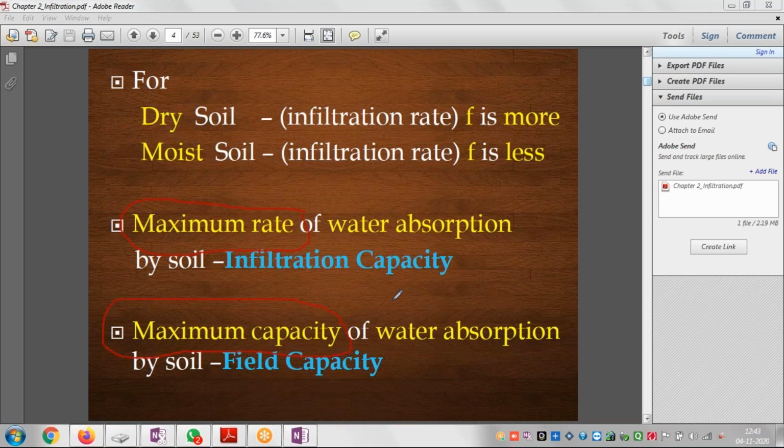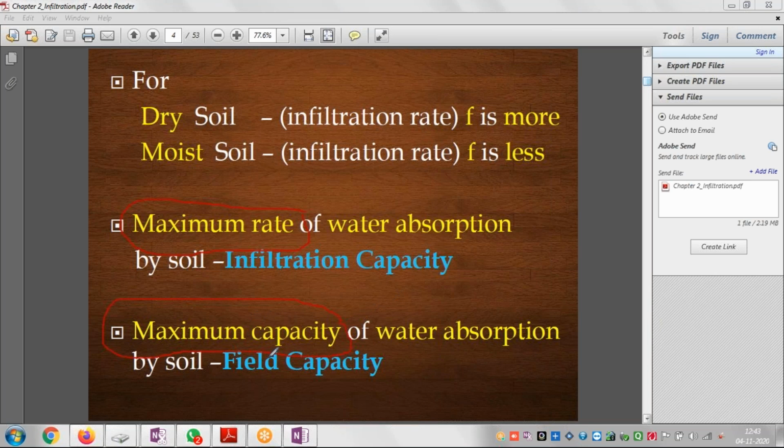For example, there are two students. One student can drink, say, 10 glasses of water in one day. Another student can take suppose 20 glasses in one day. So the maximum capacity of the student is what? The 20. I will consider 20 glasses of drinking water in one day as the maximum capacity of the student, right?